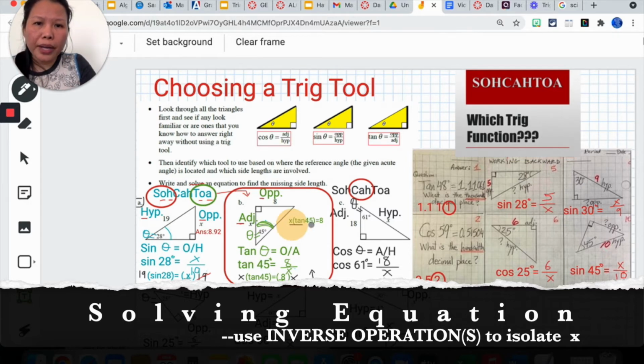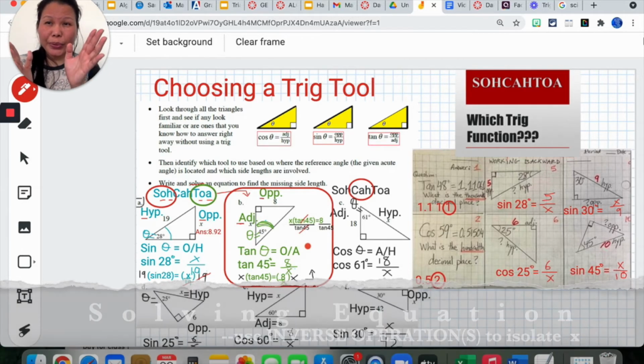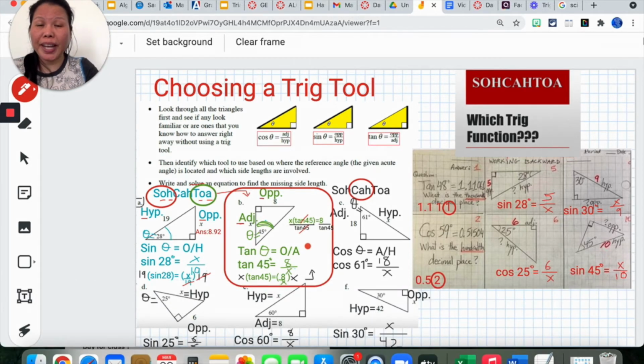We will do the inverse and divide both sides by what's with x, which is tangent 45. After I divide both sides by tangent 45, tangent cancels out on the left hand side. X is now by itself, and I just need to simplify and find the answer for the right hand side.